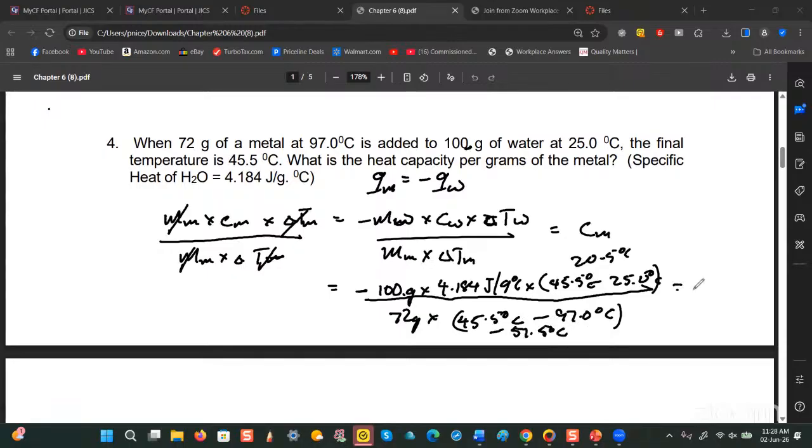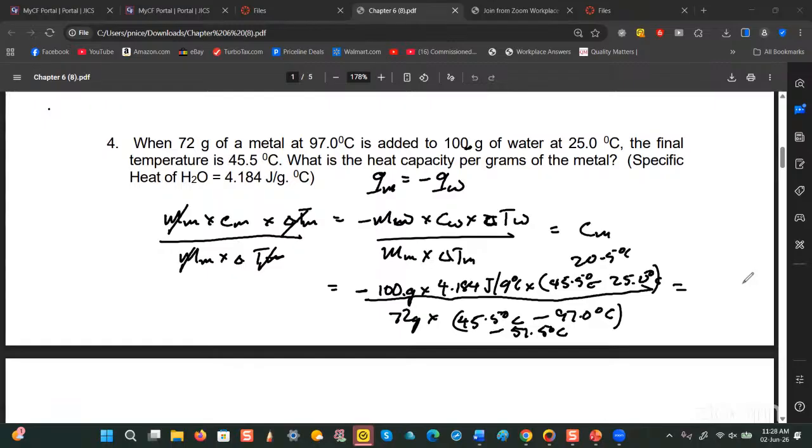And then we do the rest, so that's 100 times 4.184 times 20.5, and then we divide that by 72 times 51.5, and according to my calculation here, oh, is that right? Let me redo this again.